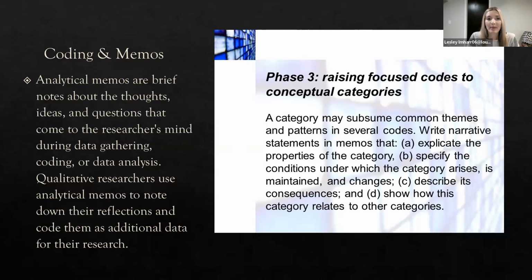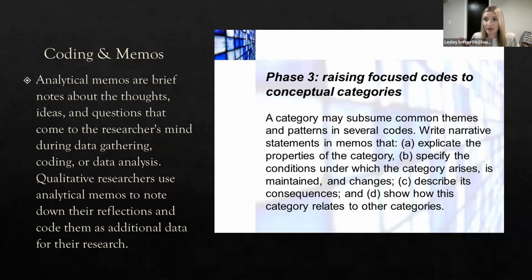So coding and memos. Analytic memos are brief notes that we write to ourselves or to our research teams. They involve thoughts, ideas, and questions that come to the researcher's mind during data gathering, coding, or data analysis. So we often pose questions on our data.